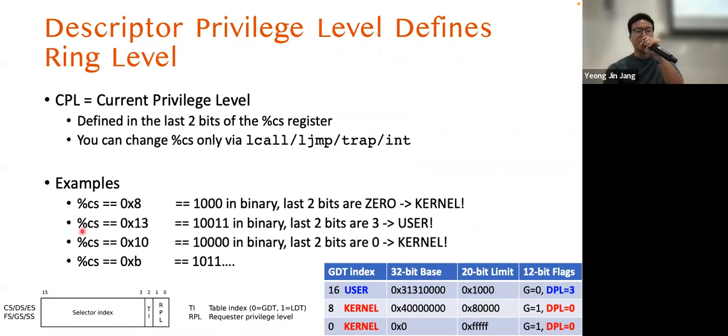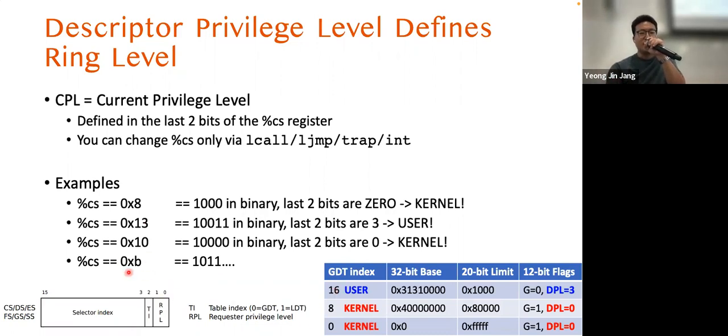So even if the CS register value is 0x13, it will refer to 0x10, that is 16, as the index for the global descriptor table entry, but it will get the privilege level from the last 2 bits. So a CS register value 0x13 means the CPU is running in ring 3, which is the application mode, while 0x10 refers to this entry but runs in ring 0, the operating system privilege.